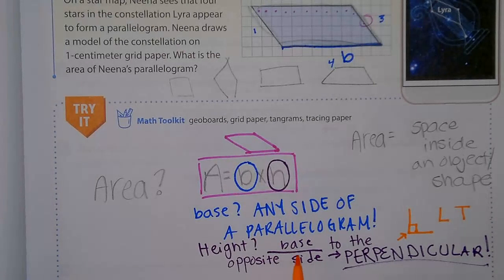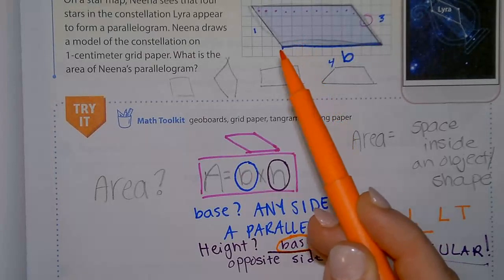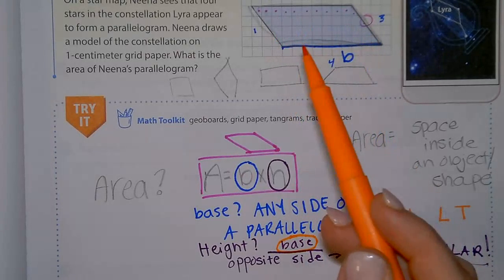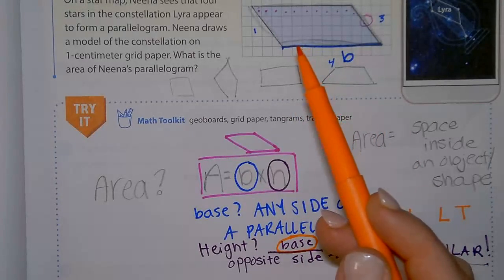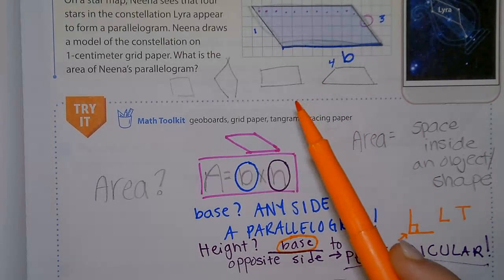So my height goes from the base to the opposite side, but it's a perpendicular line to the base, right? From the base to the top has to be perpendicular. Check your work. Where did you draw your height on this shape? Was it a straight line from the base to the opposite side? A perpendicular line?